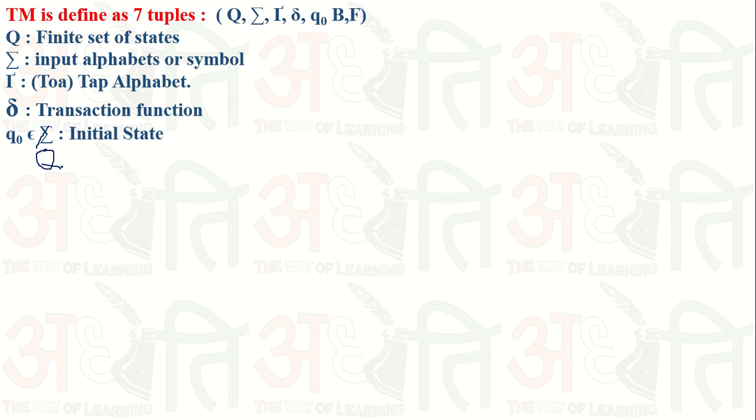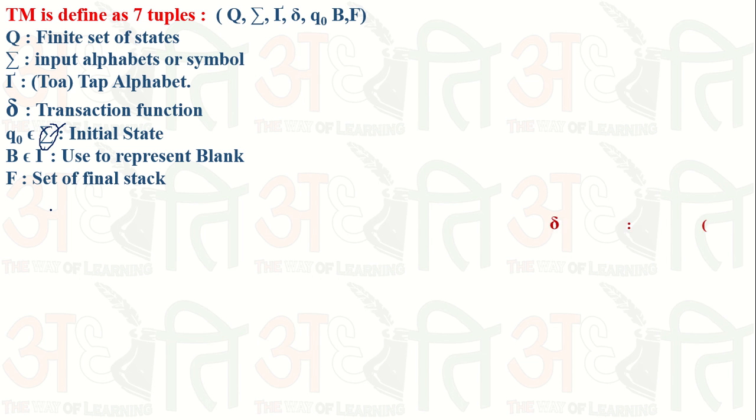Then B is the blank symbol, which belongs to the tape alphabets. B is simply a tape symbol which resides inside the tape to represent the blank. F is the finite set of final states, which also belongs to Q, not sigma. So it is our transition function for the Turing machine.